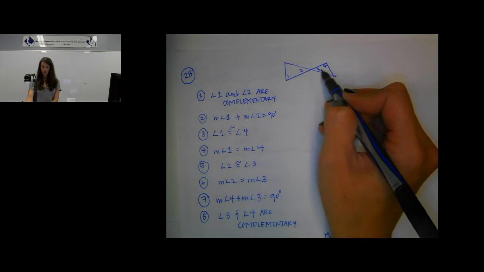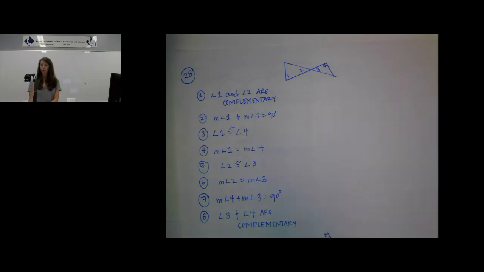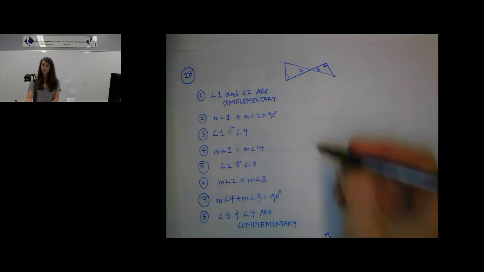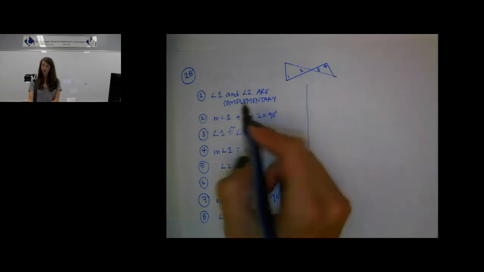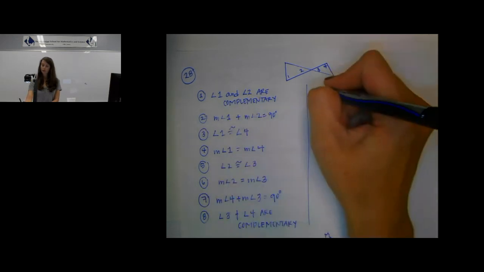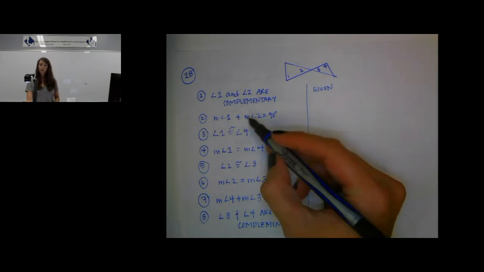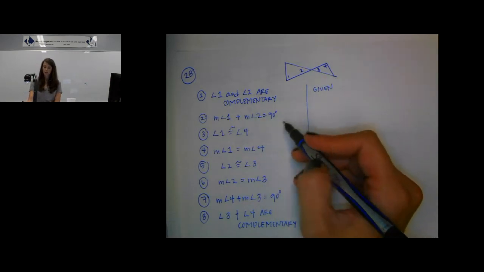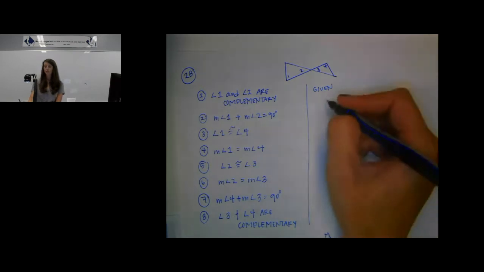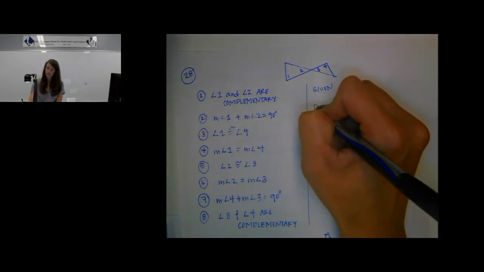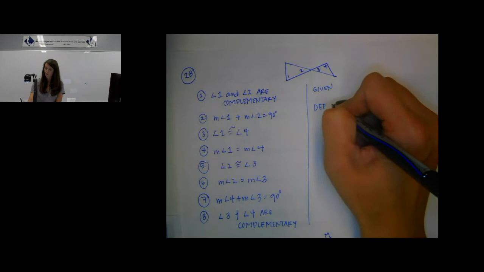So I want to prove that angle 3 and angle 4 are complementary. So here we go. Angle 1 and angle 2 are complementary. What is that? That is given to us. Measure of angle 1 plus measure of angle 2 is 90 degrees. So what does that mean? That is by the definition of complementary, right?